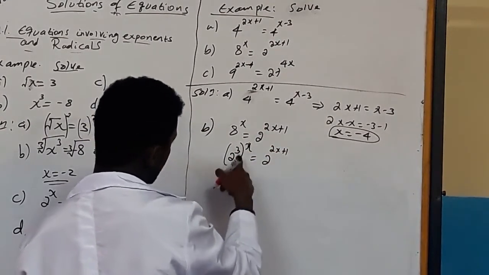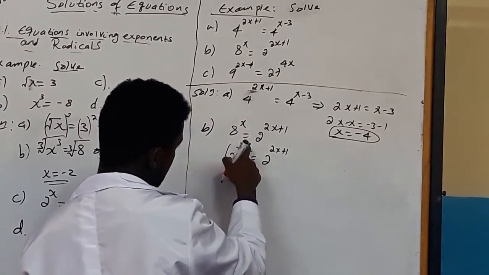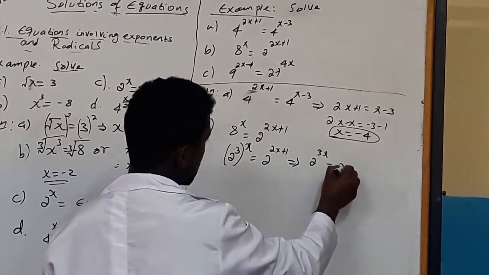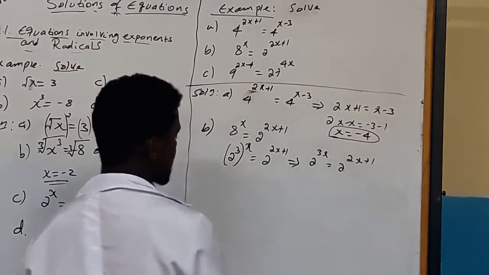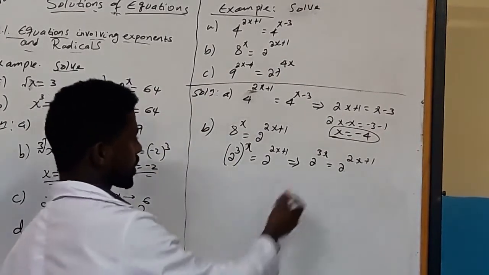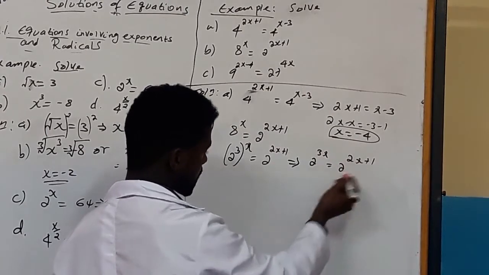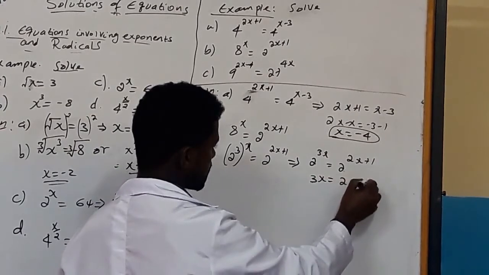By the rule of power, this means 2 to the power of 3x is equal to 2 to the power of 2x plus 1. And now we have made the bases the same. Therefore, since the bases are the same, we can equalize the exponents. That is, 3x is equal to 2x plus 1.